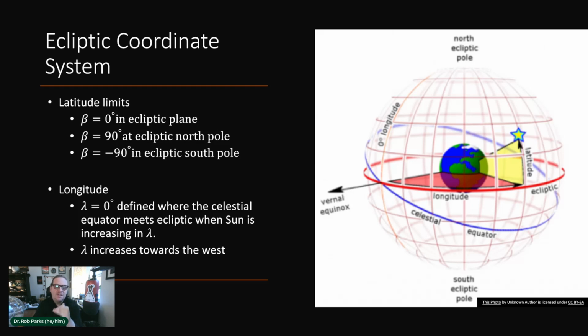And so that is the 0 point of the ecliptic latitude, or beta in this case. So anything that lies within the ecliptic plane has an ecliptic latitude of 0. Directly perpendicular to that plane going north is 90 degrees, or the ecliptic north pole. Anything south of that is negative 90 degrees, the ecliptic south pole.